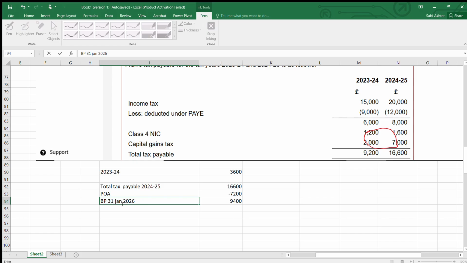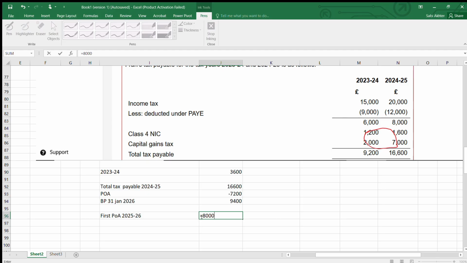Now, first payment on account for 25-26. How do you do that? So we take 8,000 and we take 1,600, plus 4, now we add the 2024-25 figure.